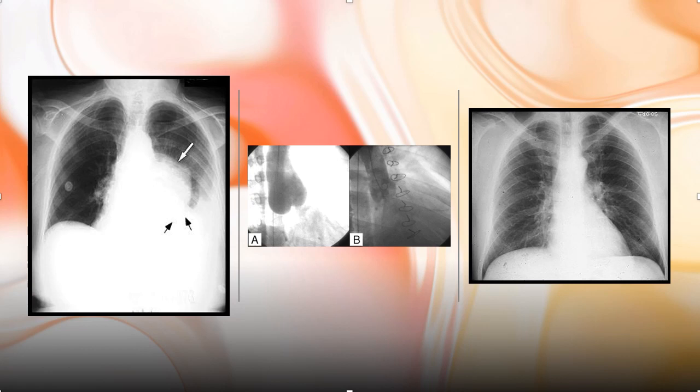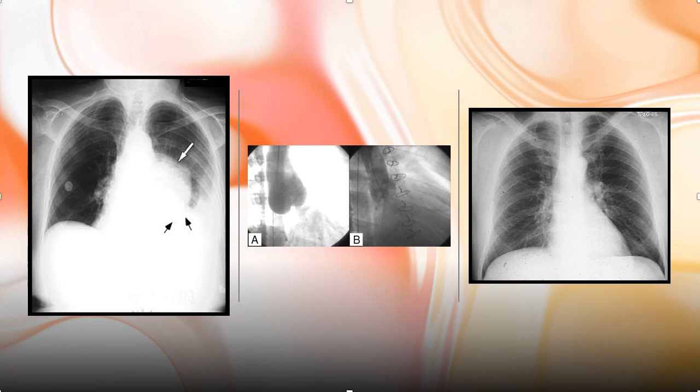Let's see some investigative tools. The simplest one is the chest X-ray. We can detect a mass or enlargement at the base of the heart. In this case, on the left side we can see dilatation at the hilum of the lung because of a dilated aorta, or we can say aortic aneurysm.